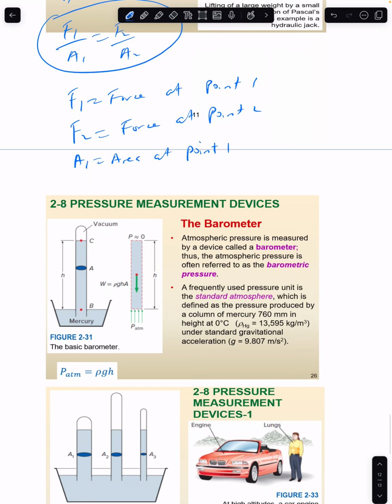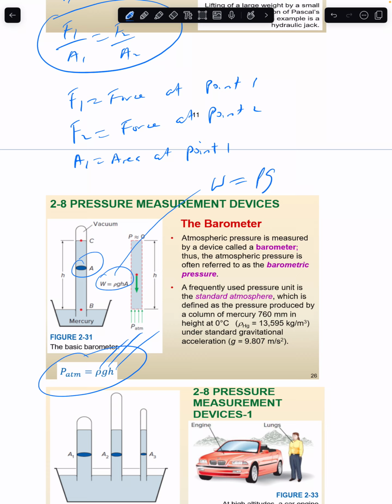For manometer and barometer, we can talk about the atmospheric pressure, which is going to be what? Density of fluid times gravitational acceleration times the height. So that is the atmospheric pressure. And in this section we can talk about the weight of fluid. The weight of fluid is equal to what?